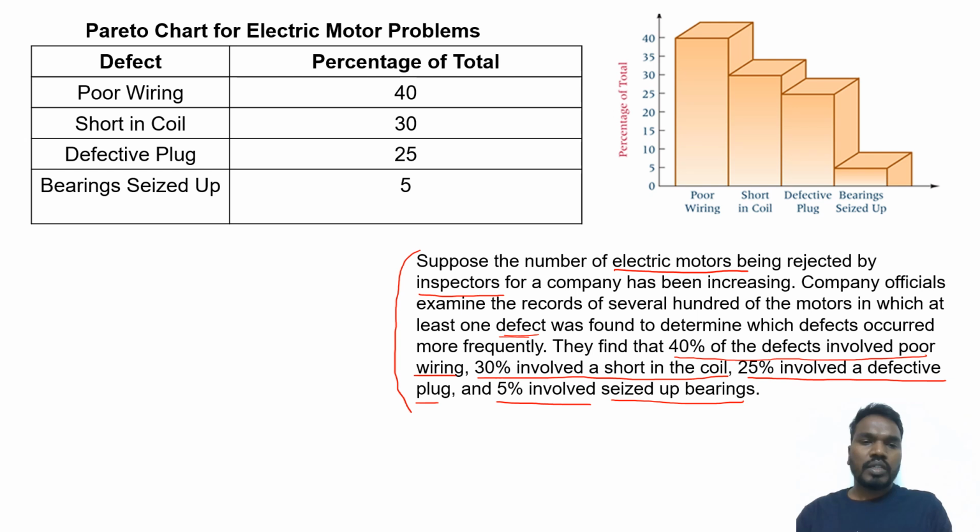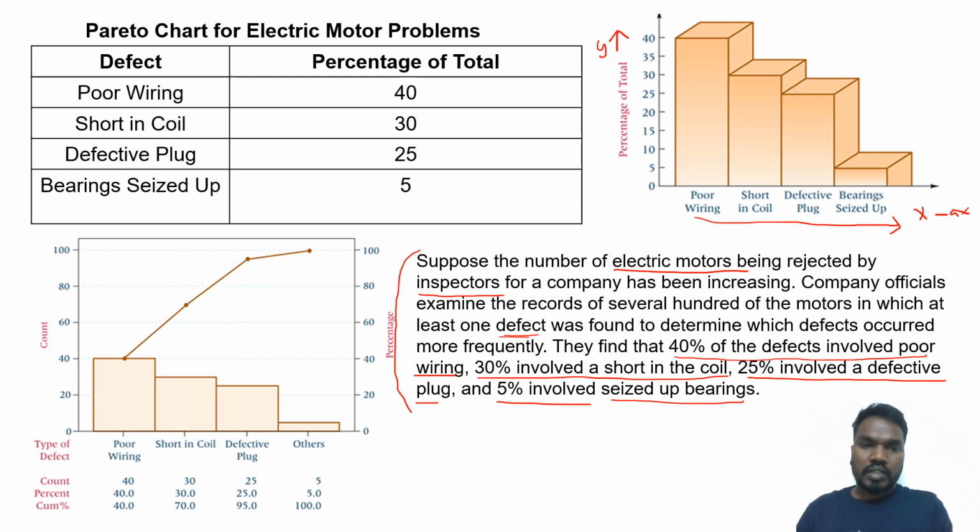So let us draw the bar graph first. As usual, we represent these defects on the x-axis, and the percentage of each defect on the y-axis. Now, as I said, these Pareto charts are a combination of a bar graph and a line graph, right? So how would you get that?